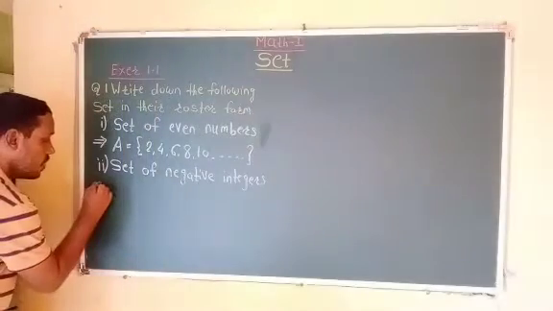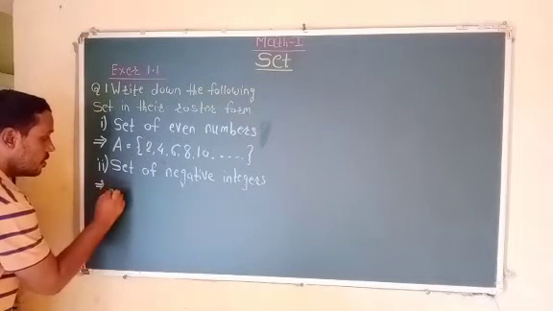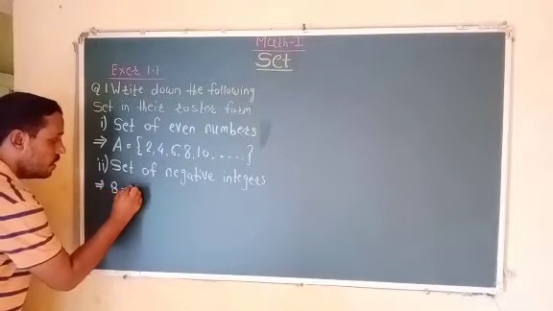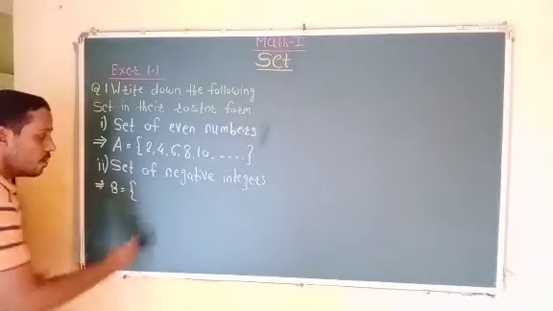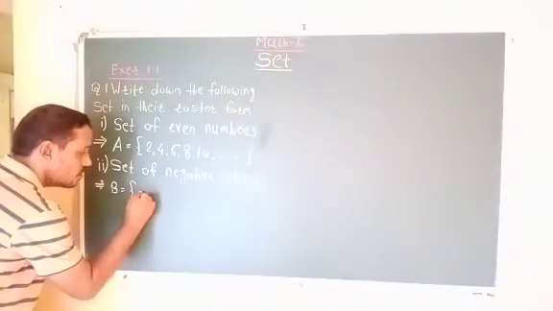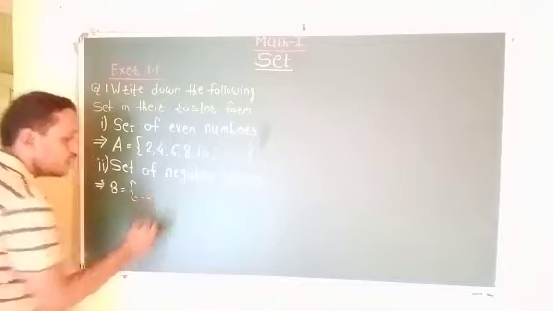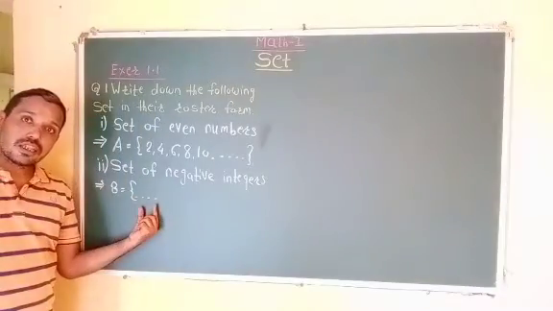So the answer to that question is: B is equal to, the set B is equal to curly bracket, dash, dash, dash. Why do we write dash, dash, dash?